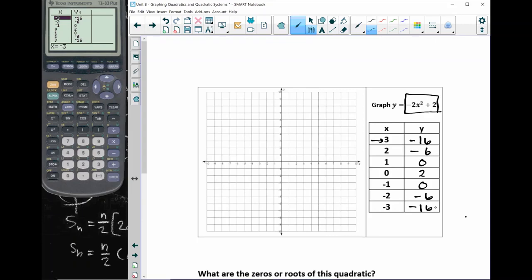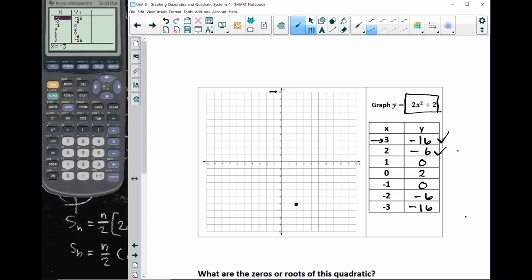So now that I have used the calculator to fill in my table, it's just a matter of graphing the numbers. So as you can see here, 3, negative 16. The negative 16 is too big to put on my graph because the y ends at 10. So I'm just going to skip that one. I'm going to say we can't graph it, so let's skip it. But 2, negative 6, I can graph. I'm going to go over 2, and I'm going to go down 6.